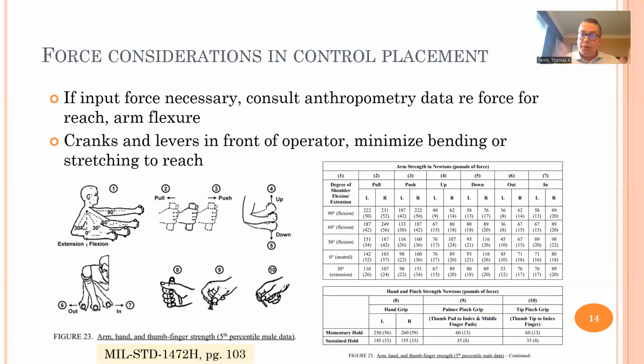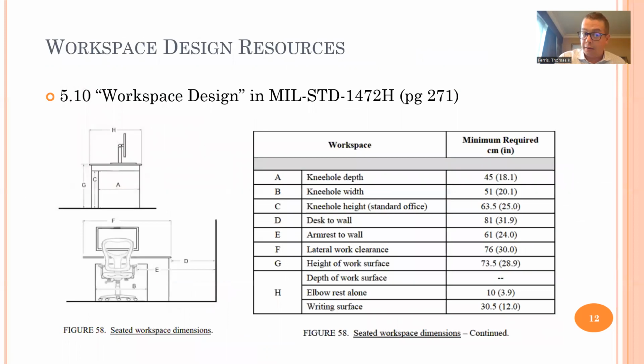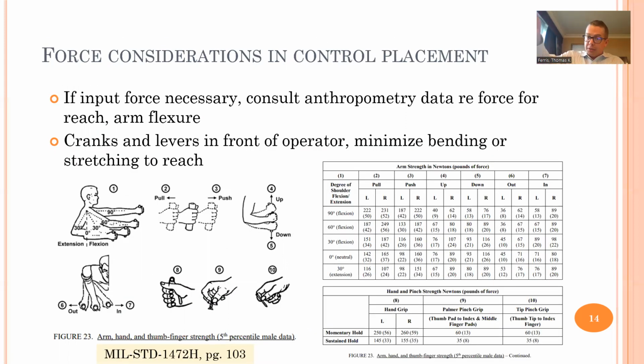Okay, so in addition to the humans fitting at the desk, being at the right height, etc., we also have to think about the force that maybe needs to be applied by a human through controls in that workstation. So we also have anthropometric data for this. Page 103 in 1472H will tell you, using anthropometry and the workstation design for either seated or standing, at this height, here's where the elbow will be, the angle of the elbow, and therefore how much force can be applied in this sort of motion.